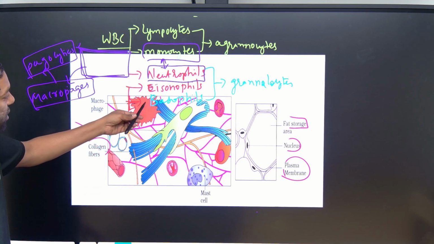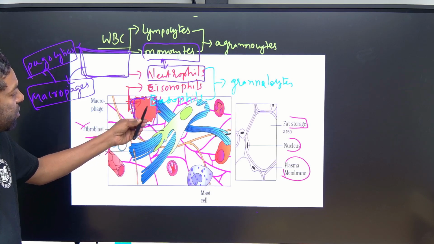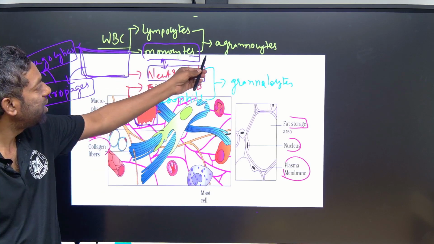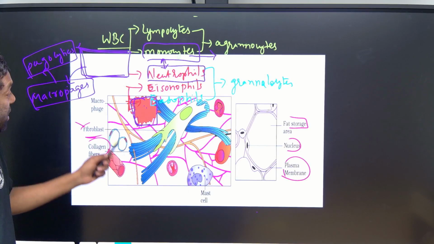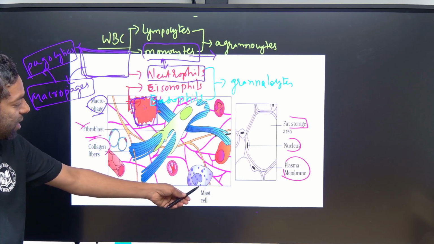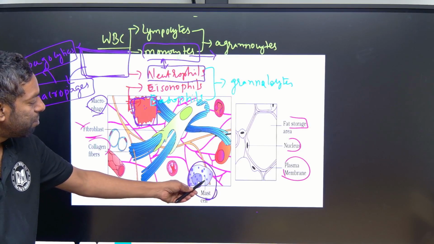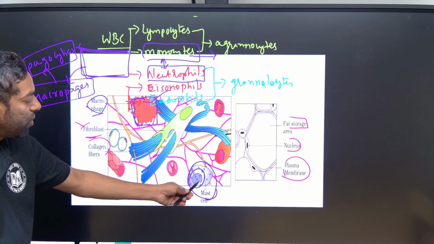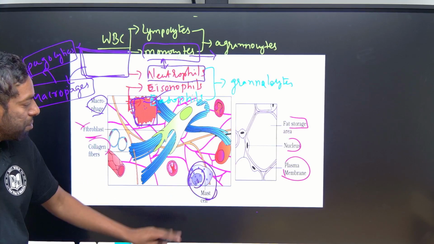Here is the structure of the macrophage. Agranulocyte means it is a monocyte. Instead of macrophage, they can give you monocyte. And here mast cells mean basophils, guys. Basophils have a bilobed nucleus.